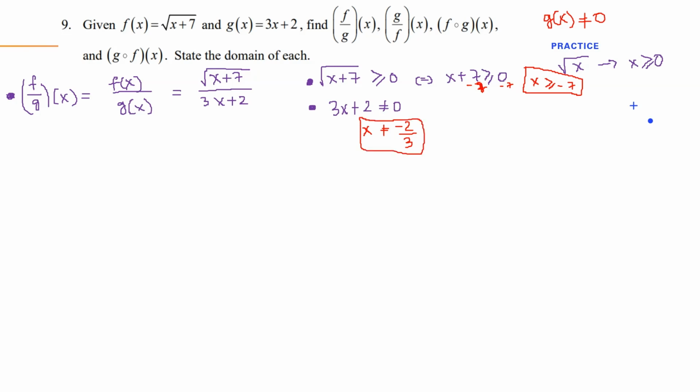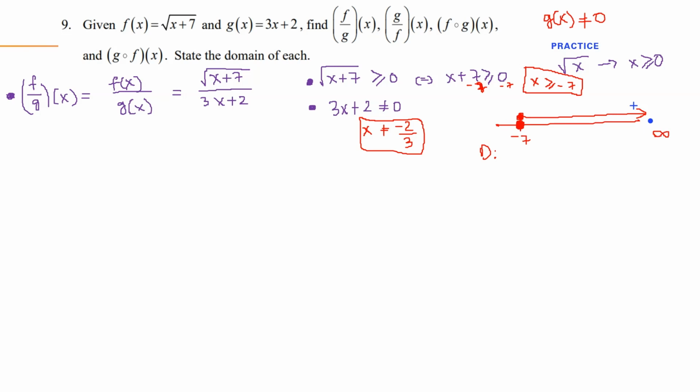Now we have to write the domain. Let's draw a line. It has to be greater than negative 7, so that point will be closed, and then it goes to this side, that is positive infinity.